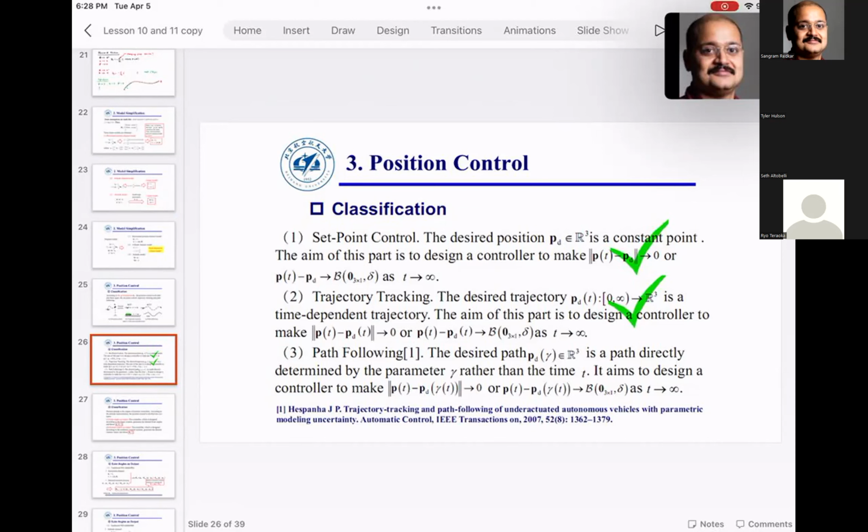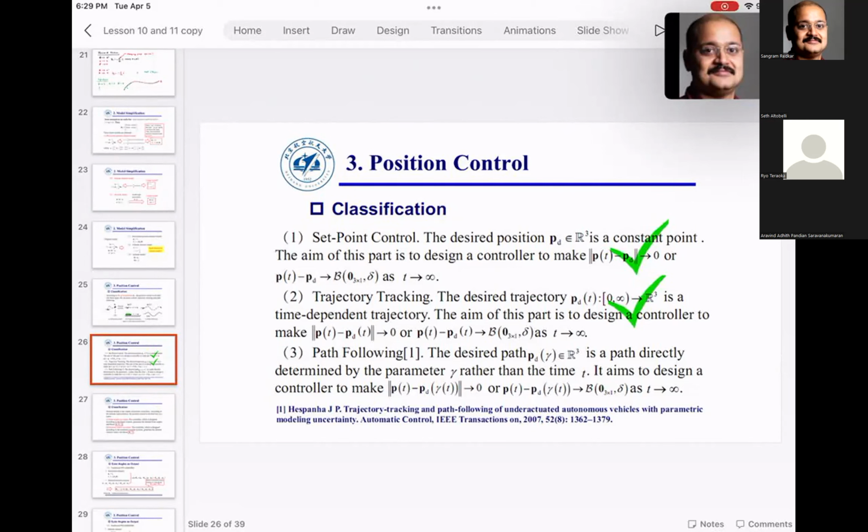So in other words, you want your quadcopter to go from point A to point B. You specify point B, and it stays at point B. So you are not controlling going from A to B. You are controlling the quadcopter staying at A, and then controlling the quadcopter staying at B. That is set point control.